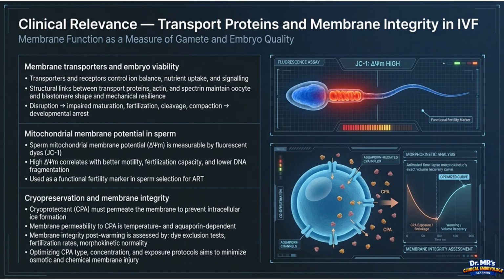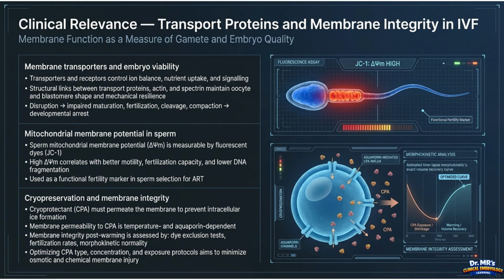The rate of cryoprotectant permeation depends on temperature, which affects membrane fluidity and therefore permeability, and on aquaporin expression, which facilitates water movement during the osmotic shifts that accompany cryoprotectant loading. Post-warming, membrane integrity can be assessed by dye exclusion tests, which measure whether the membrane has maintained its selective permeability, as well as by fertilization rates and morphokinetic normality in subsequent embryo development.